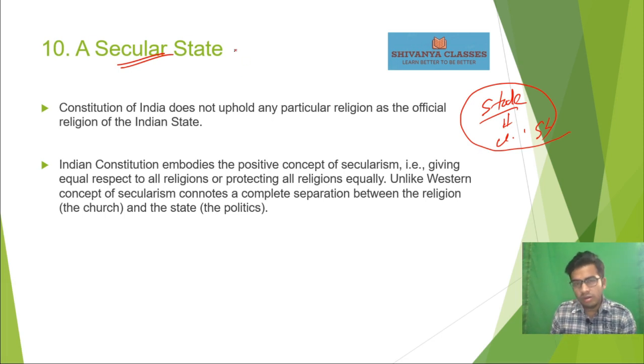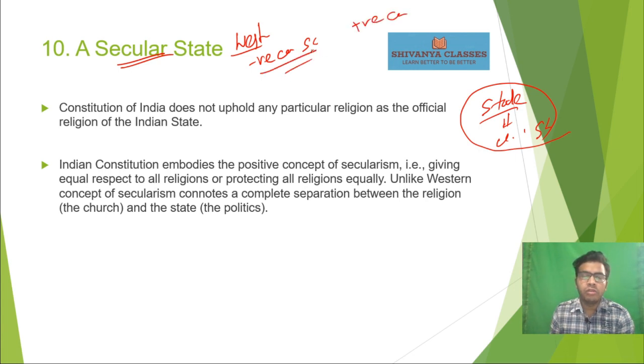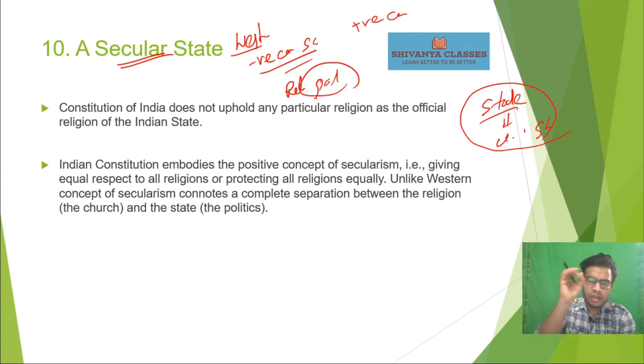But in Western countries, they have the negative concept of secularism. We have the positive concept. Negative concept means there is a complete separation between the religion and politics. The politician says, look, take care of your religion. We don't interfere in the church affair.